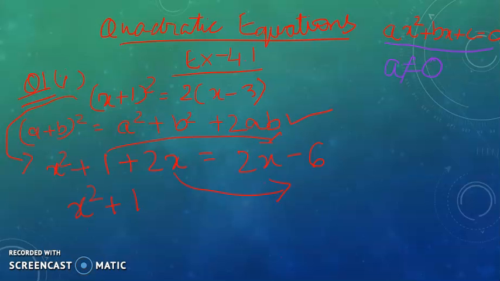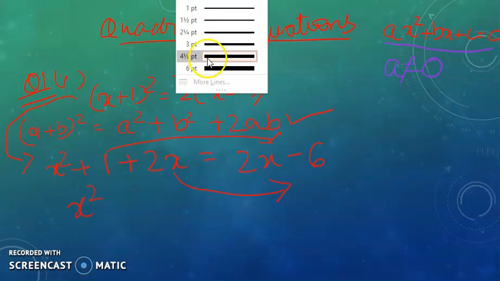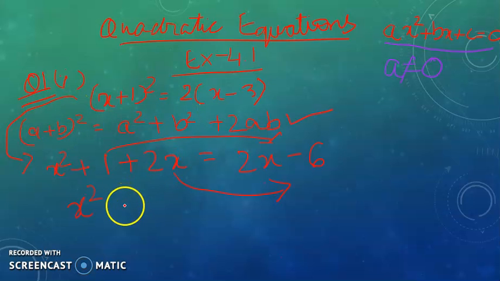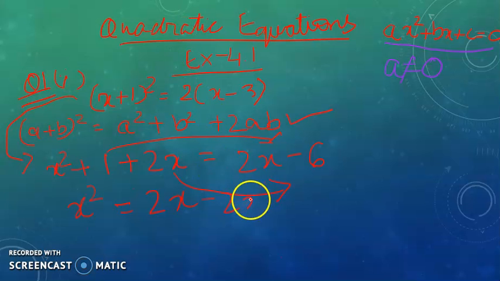So this equation, if I take this plus 1 to the right side, it becomes x square is equal to, and this plus 2x on the right side becomes minus 2x, and this minus 6 as it is.